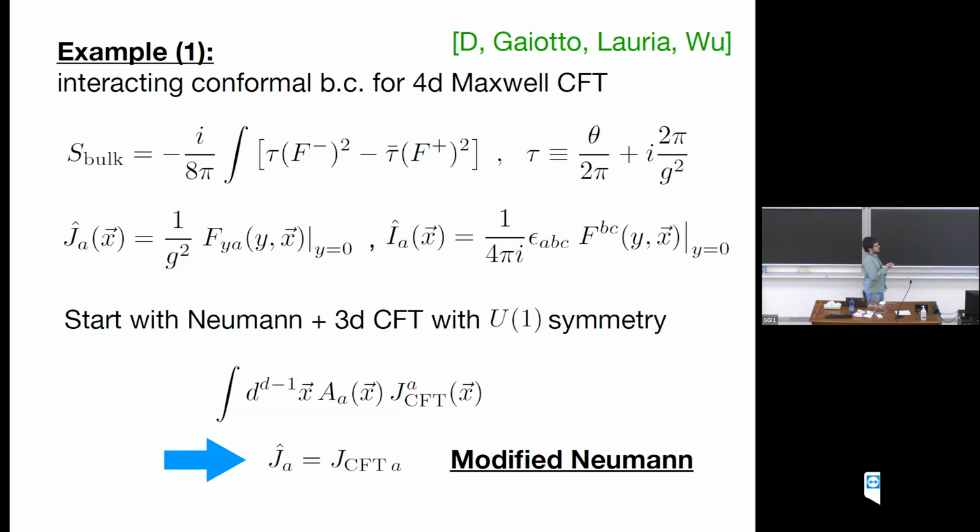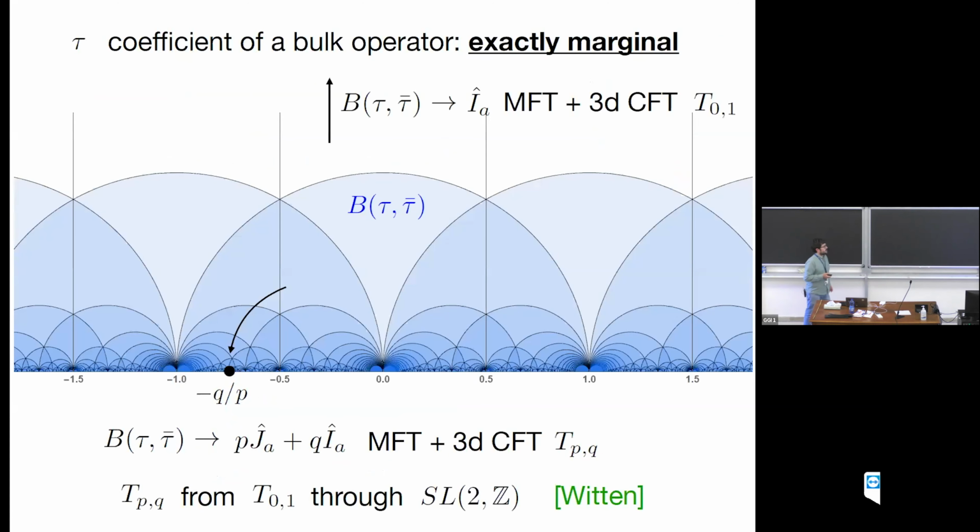So I will be brief because I want to discuss also other examples, but let me just tell you what is the upshot of the analysis that we did in this paper. So the upshot is that actually in this case, one finds a conformal manifold, let's say, of boundary CFTs, of conformal boundary conditions. And the basic reason is exactly what we discussed with Francesco before, that coupling tau, the gauge coupling, in this case is actually best thought about as a coefficient of a bulk operator.